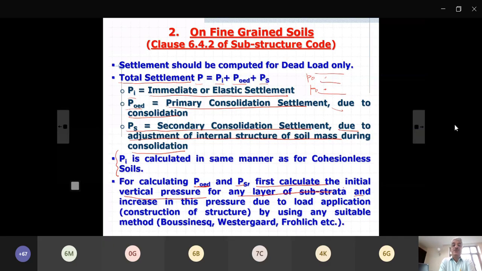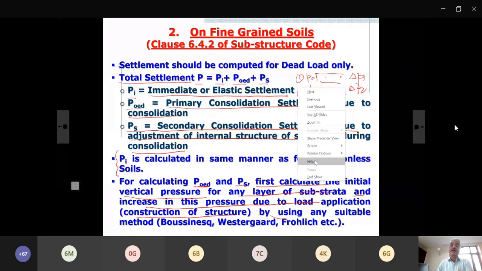Then you also calculate the increase in this pressure due to load application, which is due to construction of the structure, by using any suitable method. As I told you, Boussinesq, Westergaard, Froelich, Osterberg, there are various people. So you calculate P0 and delta P for every layer. Layer 1, layer 2, this may be P01, this may be delta P1, delta P2.